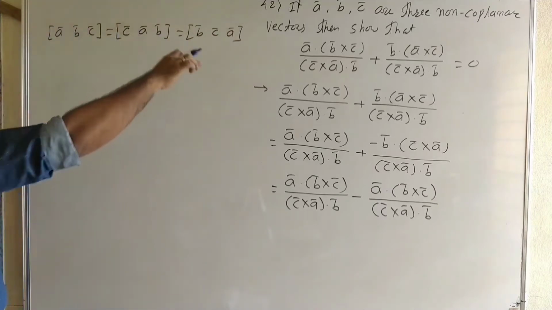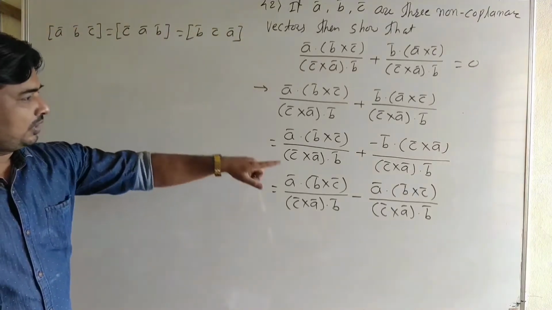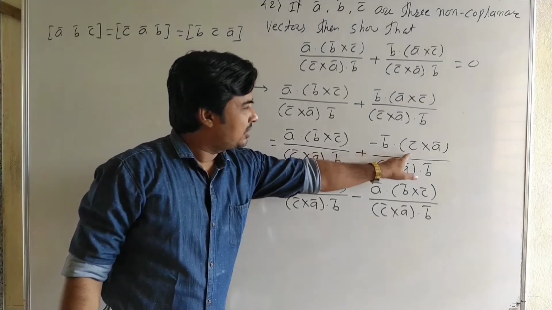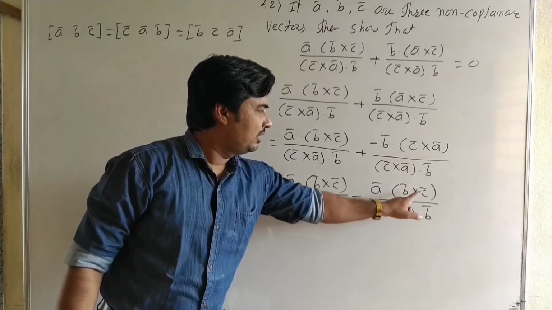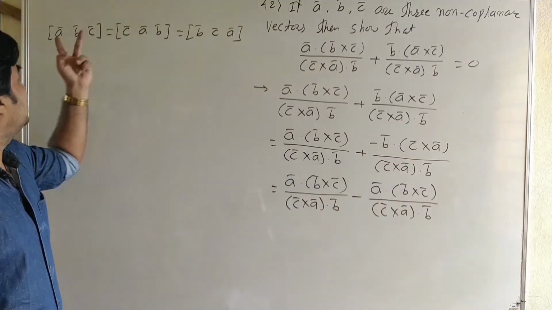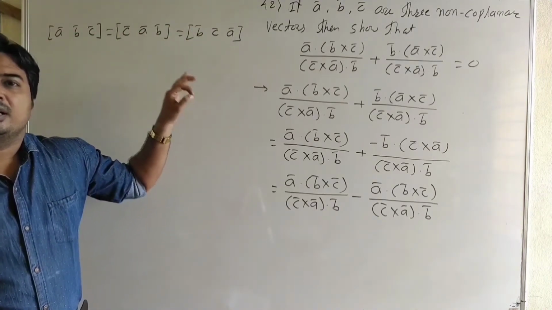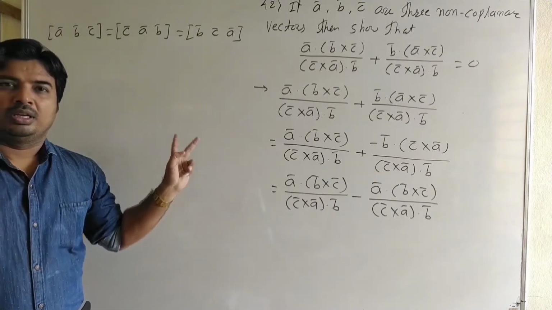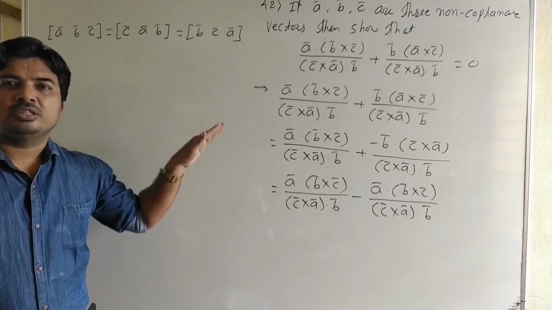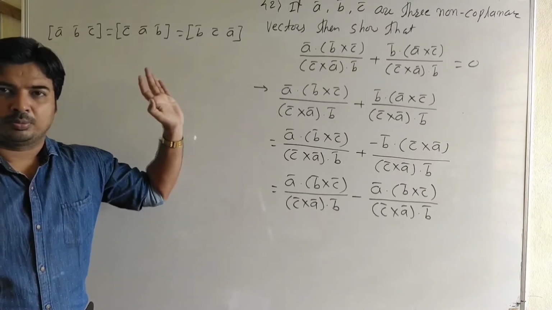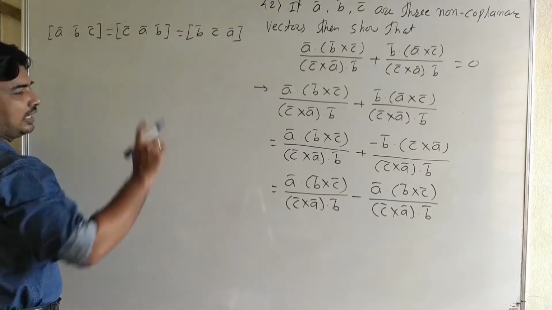Both the values are the same. Therefore BCA we can write as ABC by the double interchange property in a scalar triple product. Double interchange of a vector does not change the value of the triple product. It is called the cyclic property.